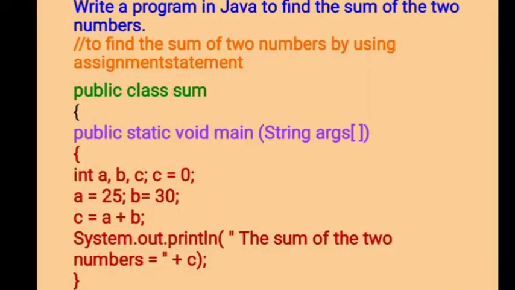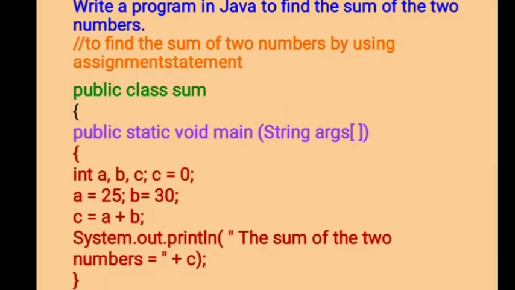Now you see one example: how to write a program to find the sum of two numbers using assignment statement. We have to write the programming structure. We have to write the name of the class. So public class sum. The class name should always be meaningful with the question.